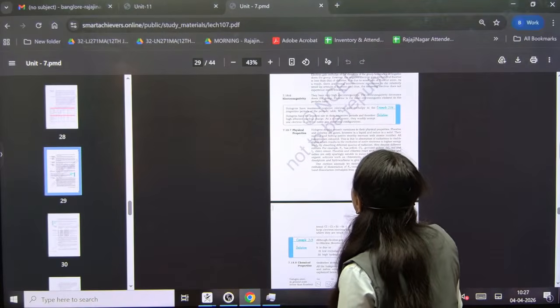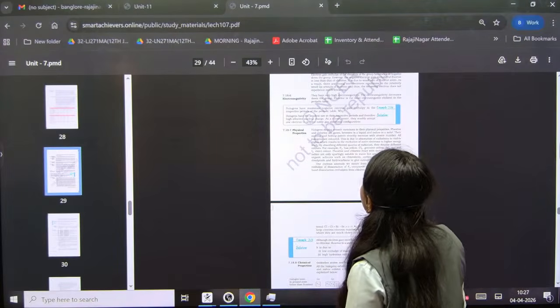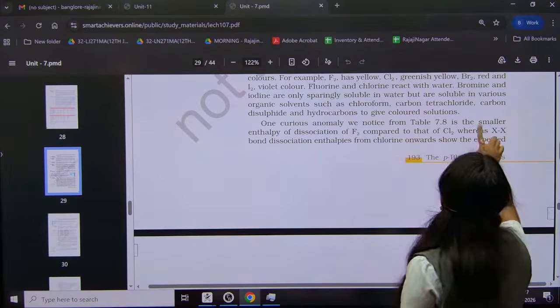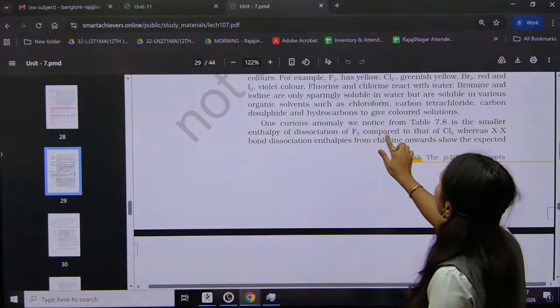Physical property. So, what is the anomalous behavior of fluorine? The smaller bond enthalpy of F2 compared to Cl2.